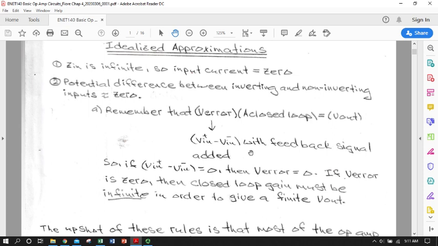We're multiplying zero by infinity, and so we get our output. We'll still be calculating gain using the feedback resistors, but this no potential difference between the inputs is going to be a very powerful assumption that we make as we march through our circuit analysis.